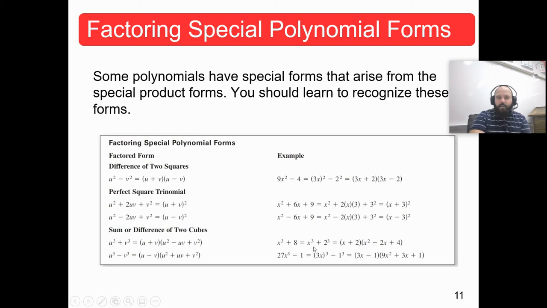And so we can have x as the u and 2 as the v. And so we just go right through this formula and plug in x for u, and 2 for v, and you end up with x plus 2 times x squared minus 2x plus 4.